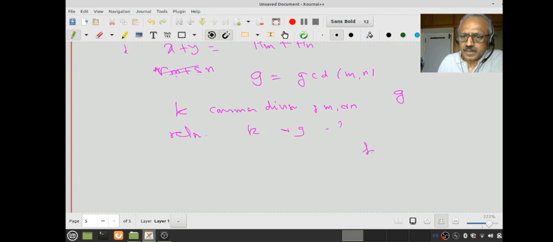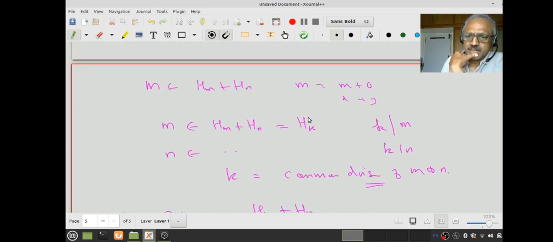K must be a divisor of G, or you can also say k is less than or equal to G, because G is the greatest common divisor among all positive divisors. And we assume k is not equal to 0. K cannot be 0 because m is not 0 and n is not 0. Therefore k cannot be 0.